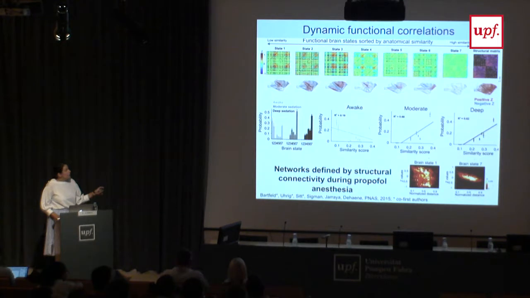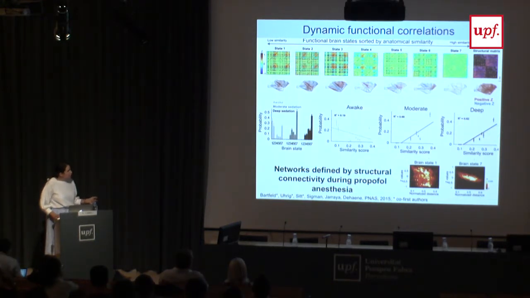So the data were sorted so that state 1 is the one that is not close at all to the underlying anatomical connectivity, and state 7 is the one that is closest to the underlying anatomical connectivity of the monkey. So in the wake state, you get the 7 states that could be present in your data.